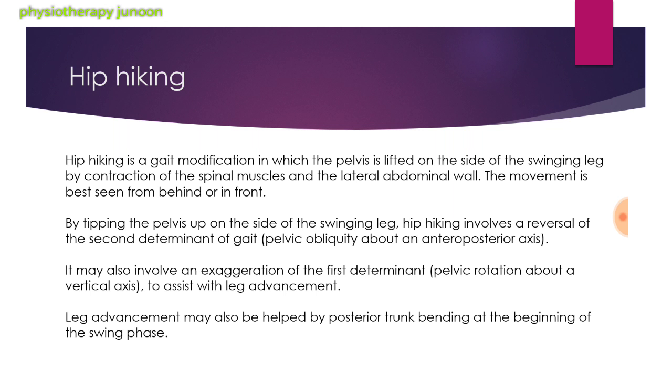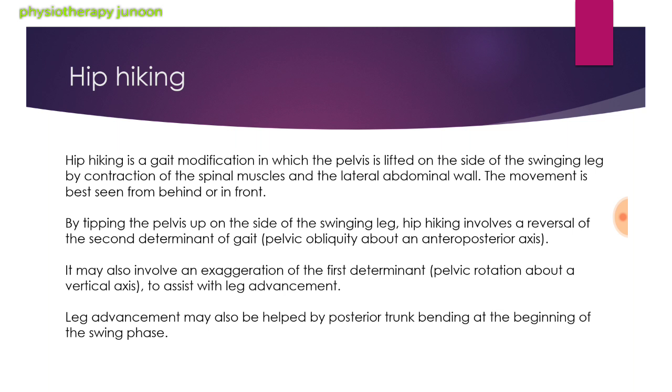The movement is best seen from behind or in front, by tipping the pelvis on the side of the swinging leg. Hip hiking involves a reversal of the second determinant of gait, pelvic obliquity, about an anterior-posterior axis.